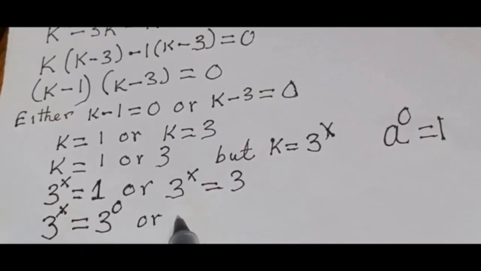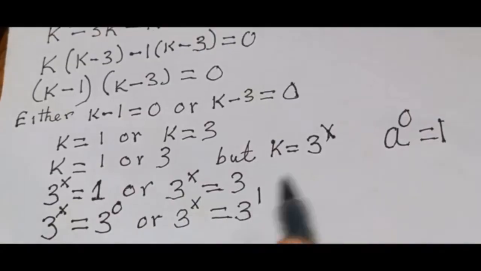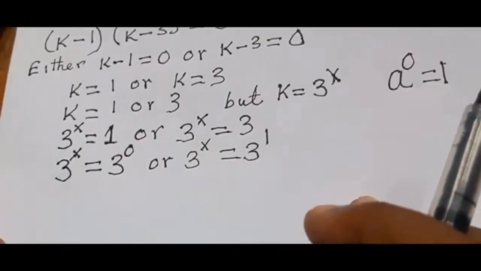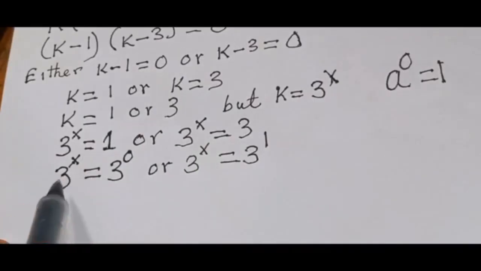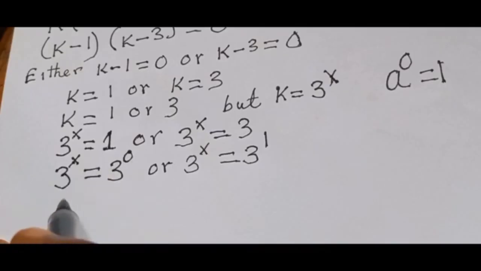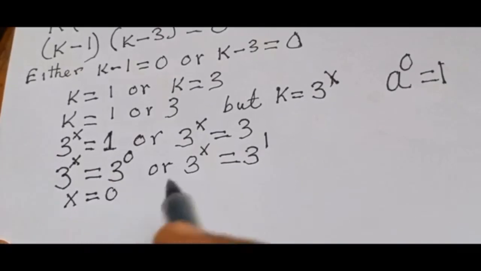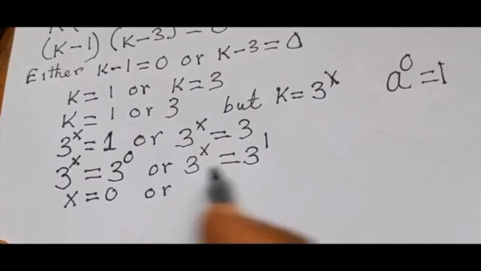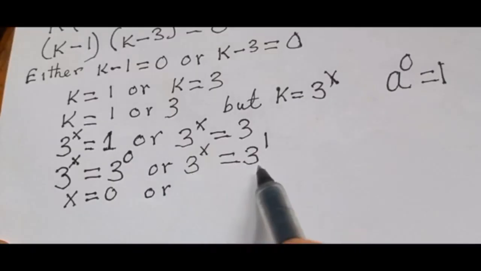Or we have 3 power x. This 3 is the same as to write 3 power 1. So from here, we can say, because we have base 3, just equate the exponents. So we have x equals 0, or the same applies here, the base is 3, and here the base is 3.